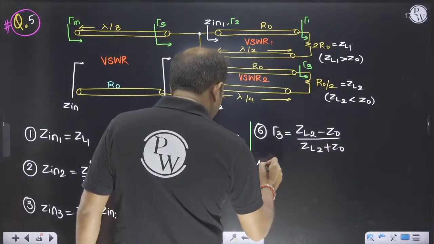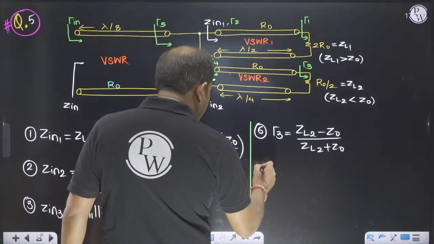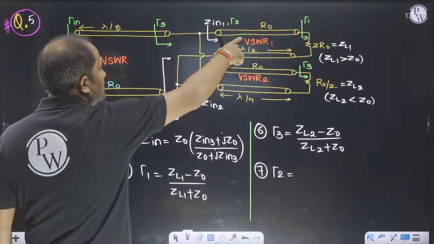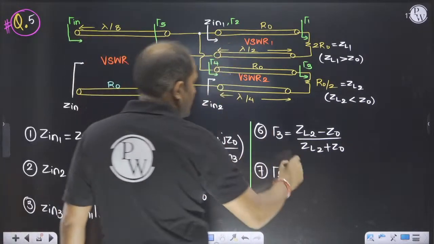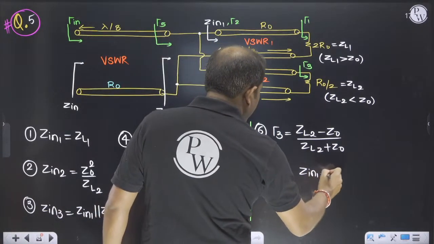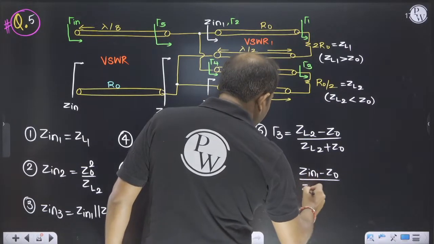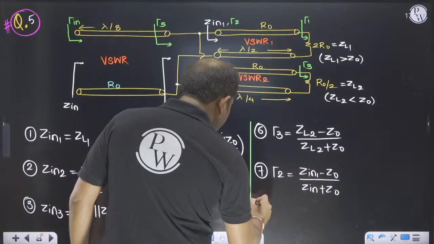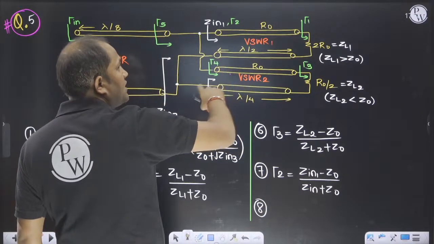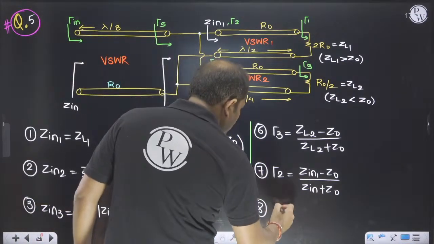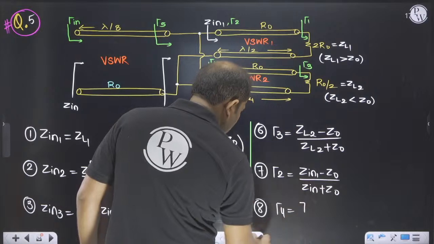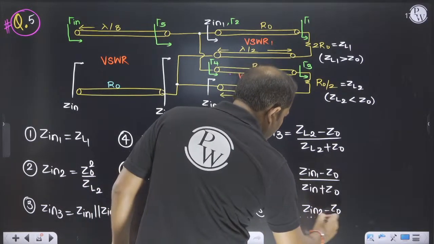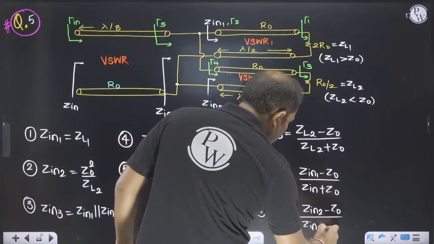Then we have gamma 2, which is (Z in 1 minus Z0) divided by (Z in 1 plus Z0). And then gamma 4, which is (Z in 2 minus Z0) divided by (Z in 2 plus Z0).